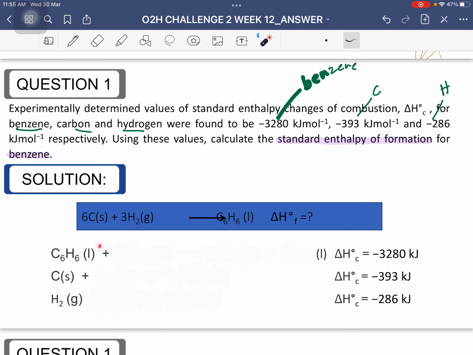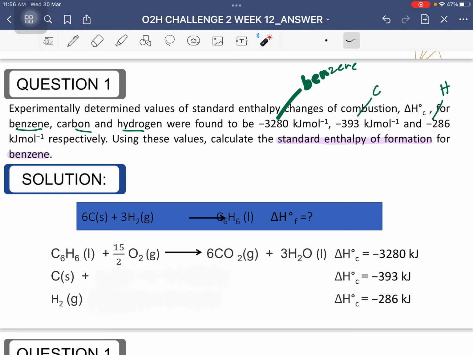For the combustion of benzene, we burn benzene in excess oxygen, producing carbon dioxide and H2O. According to the definition of enthalpy of combustion, that is 1 mole of compound burned in excess oxygen. Any organic compound that is burned will form carbon dioxide and water. So here we must make sure that 1 mole of compound is burned.